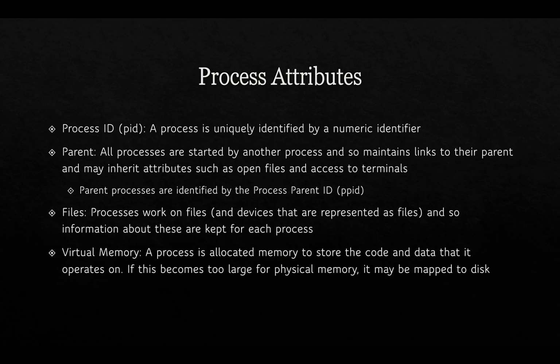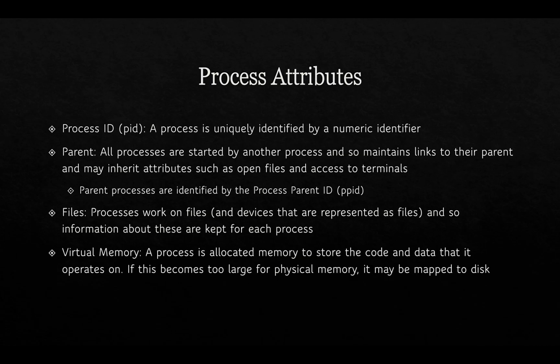So a process will have a number of attributes, the principal one being a process ID, which is used to uniquely identify it, and that's a number. A process will always have a parent, so processes are started by other processes, and the first parent is essentially the operating system. There will be a specific application that is responsible for launching all other applications on the computer.